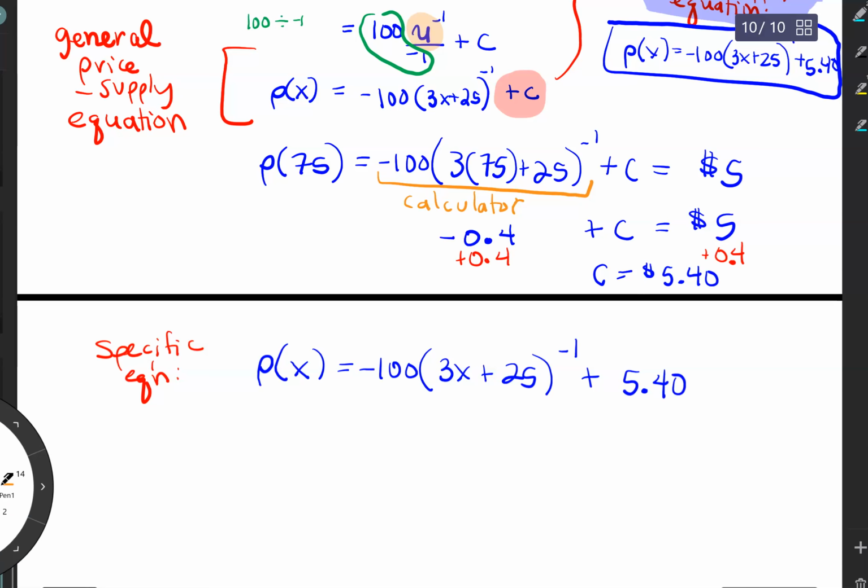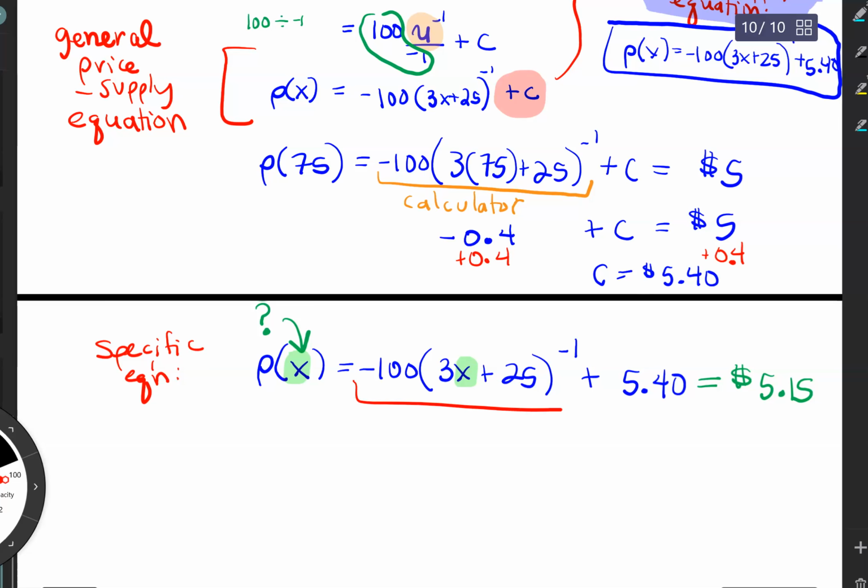Okay, and it's asking me what number of bottles would I have to input to create an output of $5.15. So basically, I'm just going to end up solving this equation.